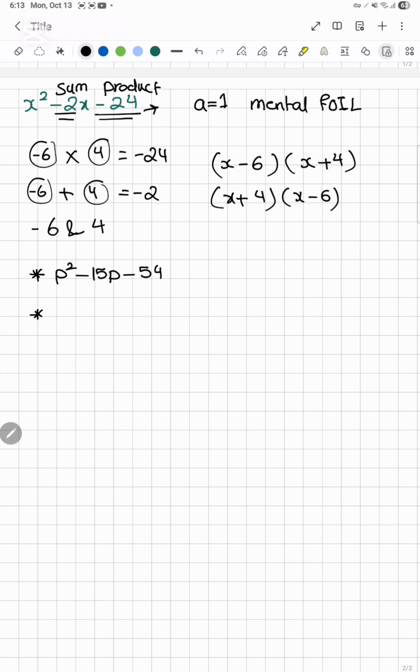The second one is going to be x squared plus 3x minus 54. And the last one is going to be r squared plus 4r plus 3. You can solve these questions to practice further, and you can check your answers with ChatGPT or other applications.